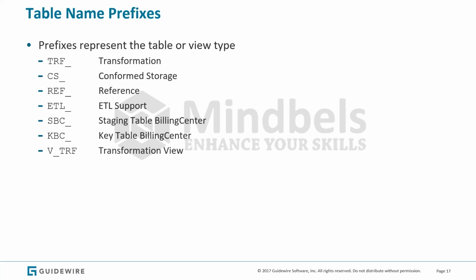One important thing which is not in this slide: if we create any entity which is not available out of the box, we add Z underscore before it. So would that be Z underscore CS underscore for policies, and the same for Billing Center, Z underscore KBC?